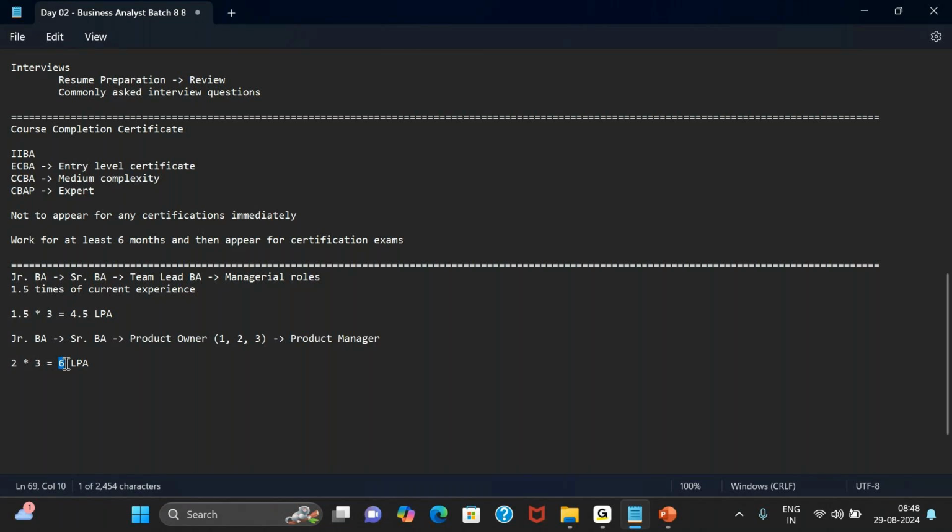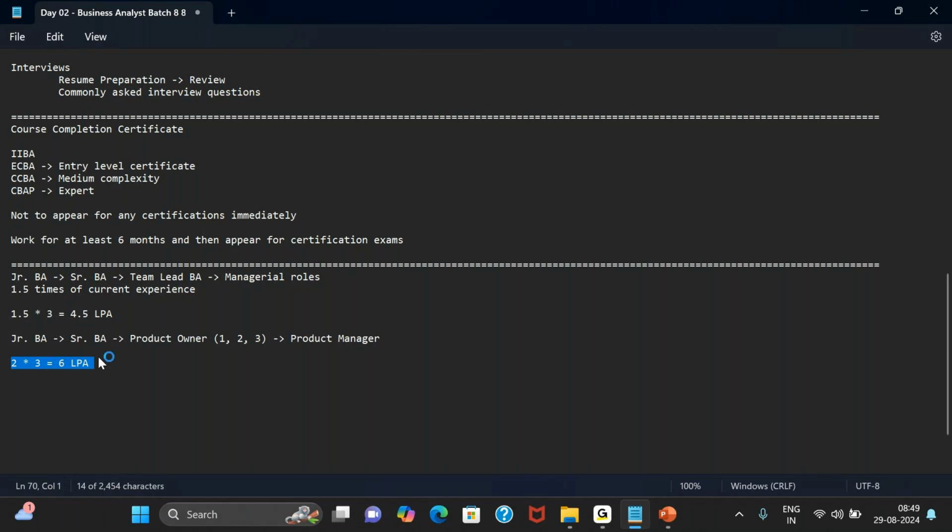What I can tell you is there is a minimum criteria. You should always look for these multipliers, to know what minimum you should get in your organization. You can look for salary trends on different websites like Naukri and others, that show the salary range of people, and then accordingly you negotiate.